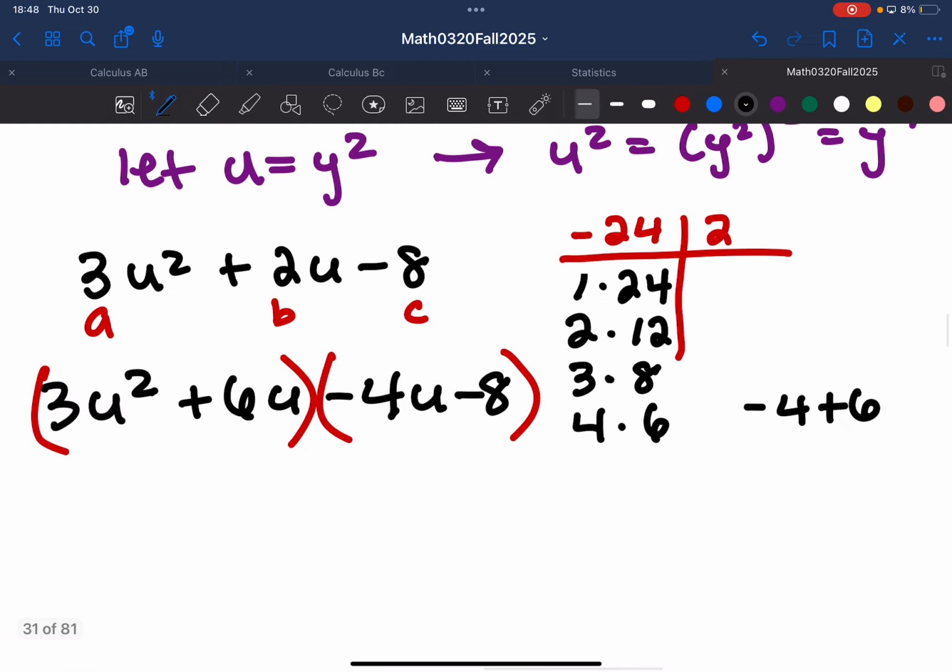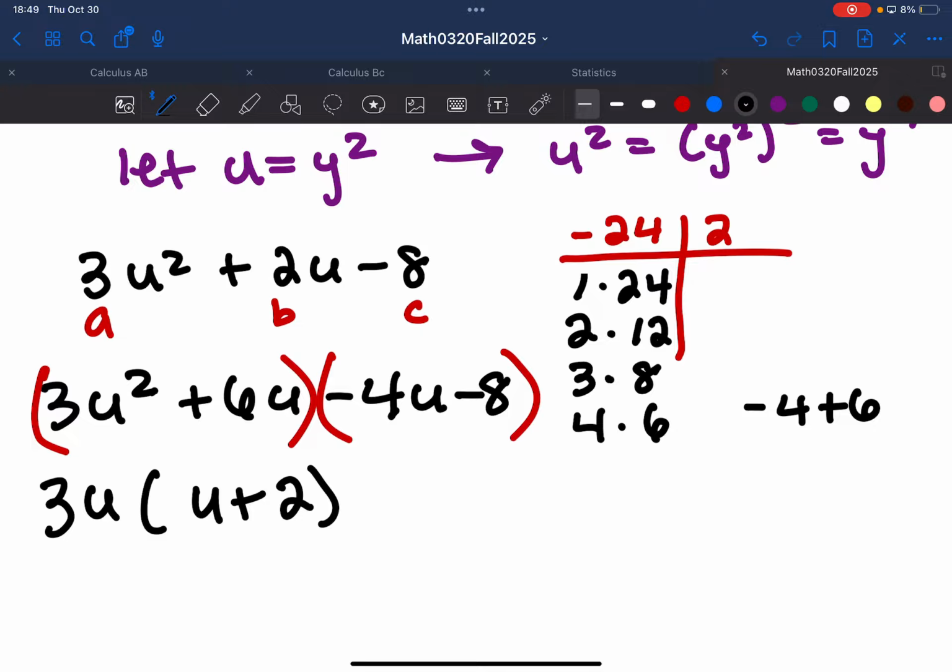What would be the GCF of my first parenthesis? 3u. So I'd be left with u plus 2. And then what would I have to take out of this one to get u plus 2? If I take out a 2, I'm still left with a 2u.